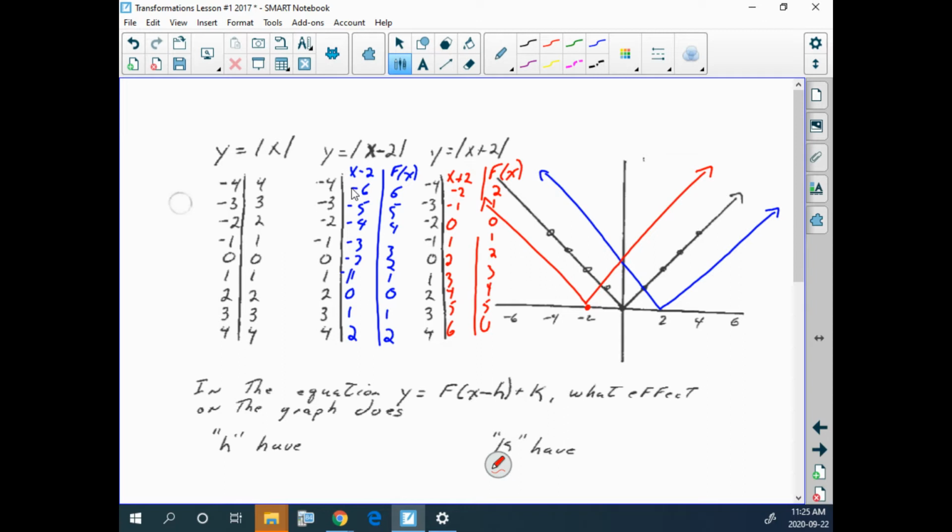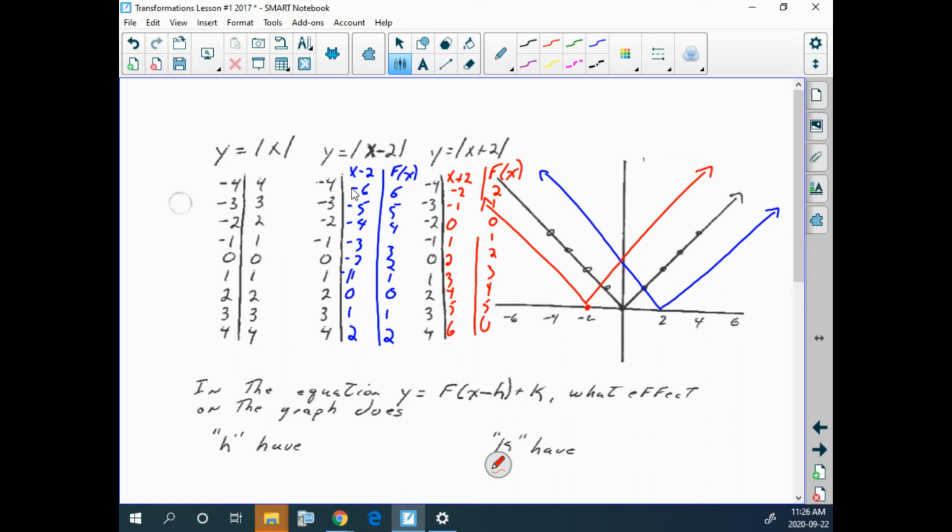So I'm 4 bigger than I was to begin with when it goes through my rule. So I don't need to have as large an x value to get the same y value out, because you've added in this case. If I've subtracted, now I need a larger x value to get the same number going into my machine for its input.